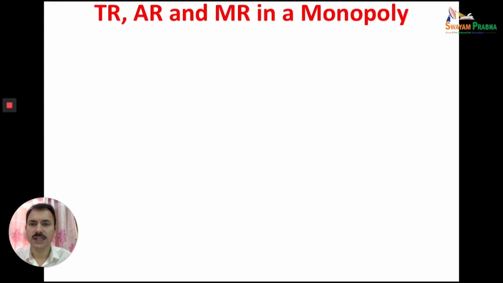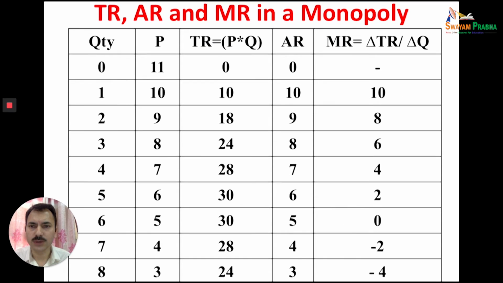So let us explain with the help of this table. TR means total revenue, AR average revenue, and MR marginal revenue in a monopoly. A downward slope of the demand curve means an inverse relation between quantity demanded and price. See in this table, the higher the price, the lower the quantity demanded.